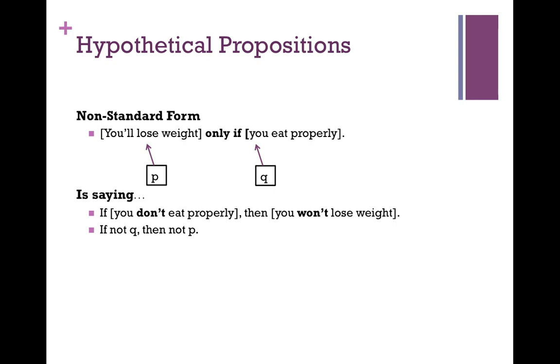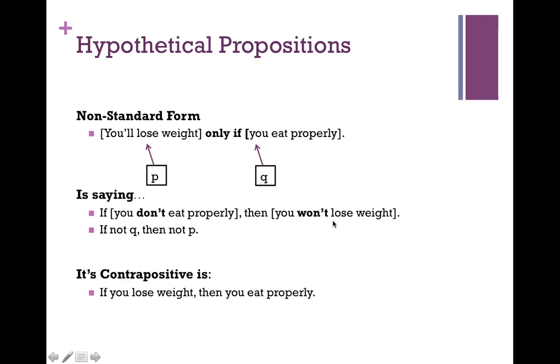But here's why, as I was saying earlier, you could just write if P then Q, because remember what I said earlier, and I told you this was going to be important, is that hypotheticals have a logically equivalent contrapositive. So saying if you don't eat properly, then you won't lose weight. Well, what's the contrapositive of that? The contrapositive is if you lose weight, then you eat properly.